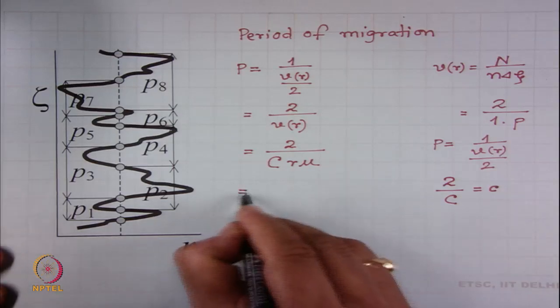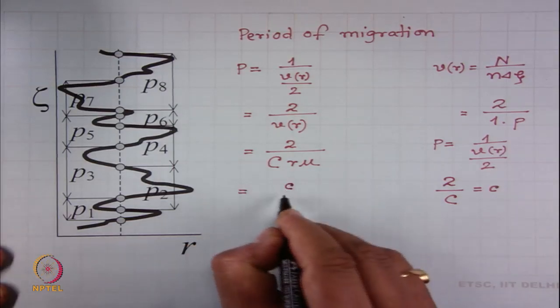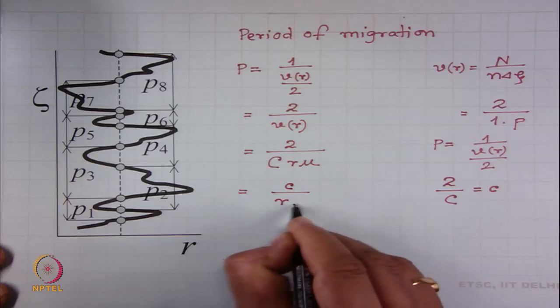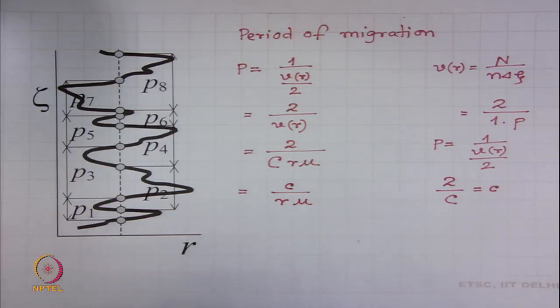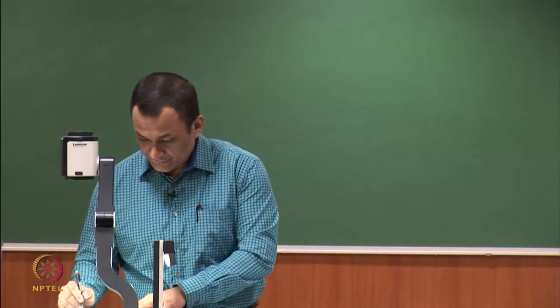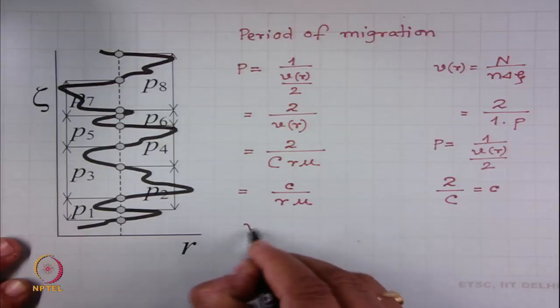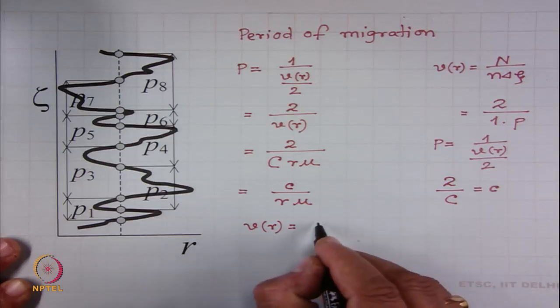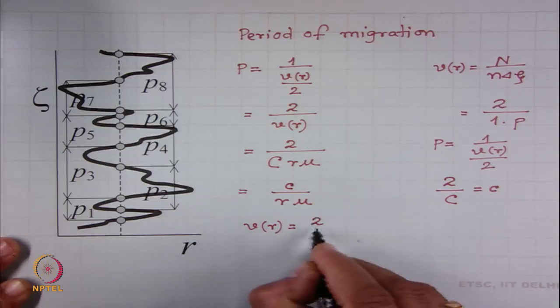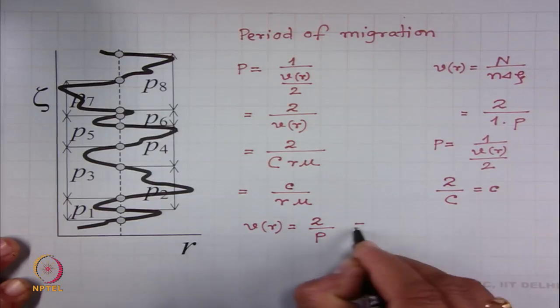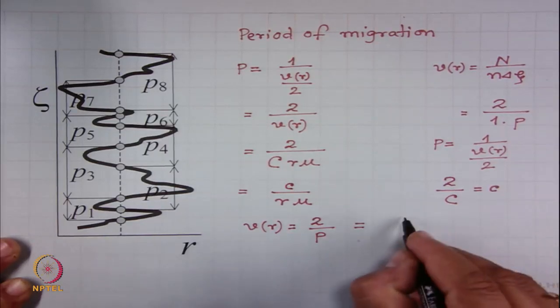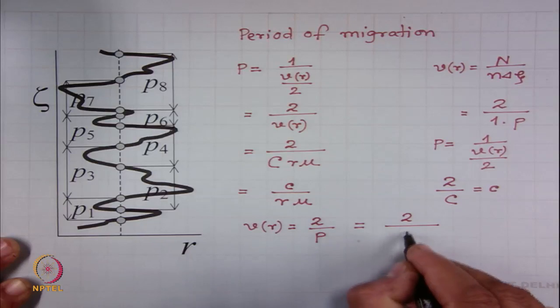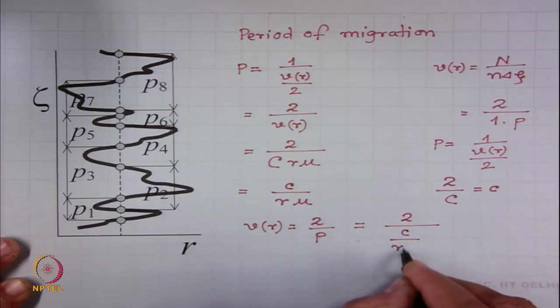So, we write small c into r into mu, right. So, nu r is equal to 2 by p, and p is equal to small c by r into mu.